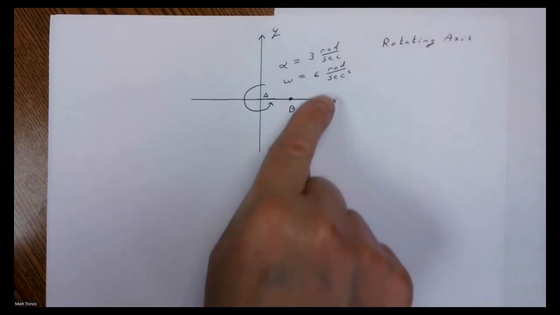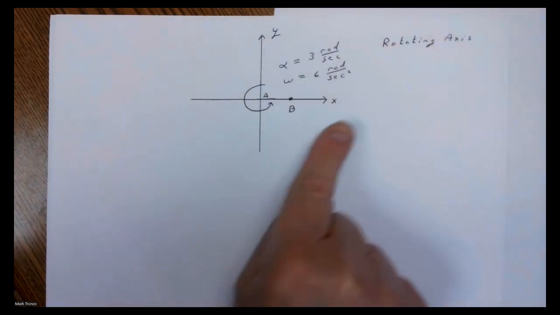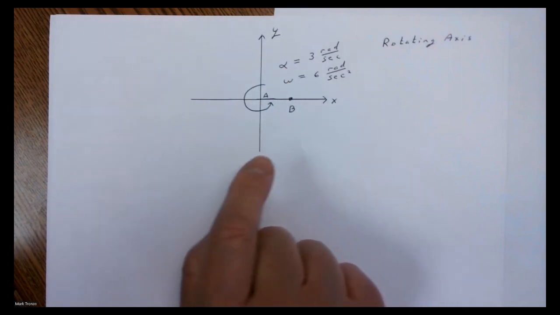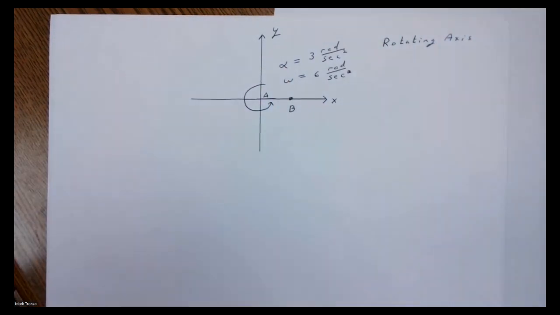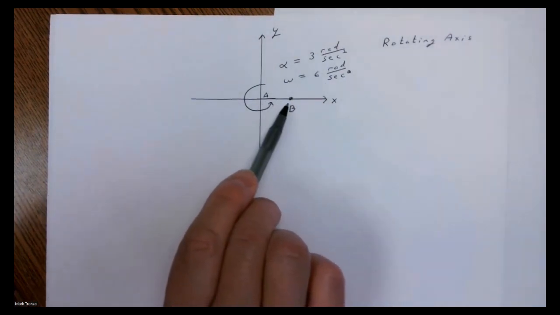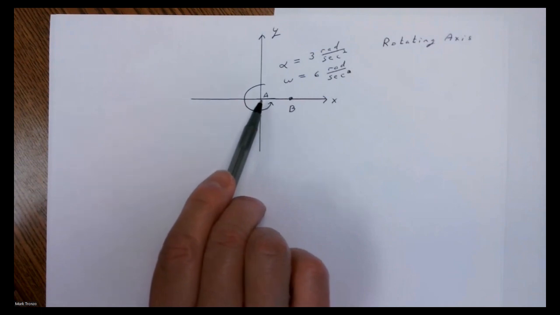So this is the main body, what they sometimes call the rotating axis. And so I just copied this onto my paper here, angular velocity and angular acceleration like this. And I show the point B. Now the center, they call the center O.